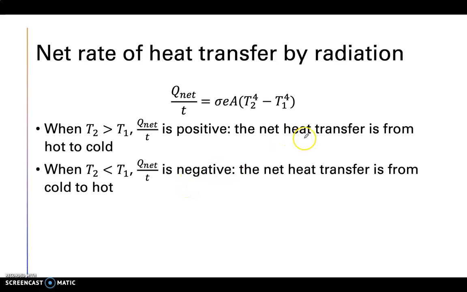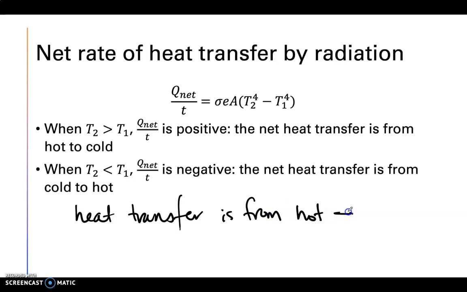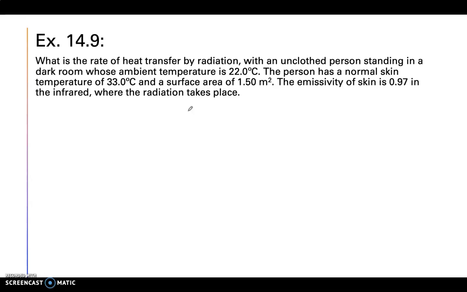But in nature, we know heat transfer is from hot to cold, so we won't really need to worry about this much. But if you do get a negative answer, you might say, wait a minute, maybe I set it up wrong. All right, let's finish off with our last example, 14.9.